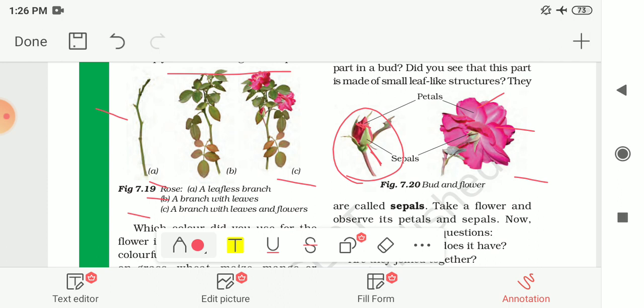Did you see that this part is made up of small leaf-like structures, green in color? They are known as the sepals of the flower. In this open flower, the sepals also look like small green leaves. Now take a flower and observe its petals and sepals.